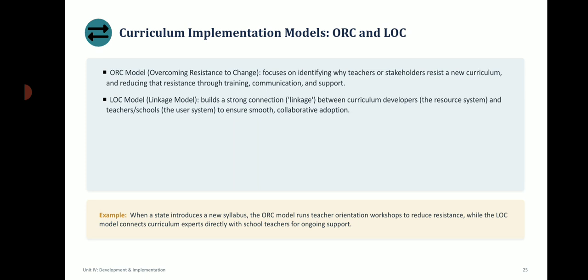First is unrelated, then personal, then task related. So in stage 3, the teacher is thinking about how to use the new curriculum or innovation. Questions begin to go through their head in terms of application.